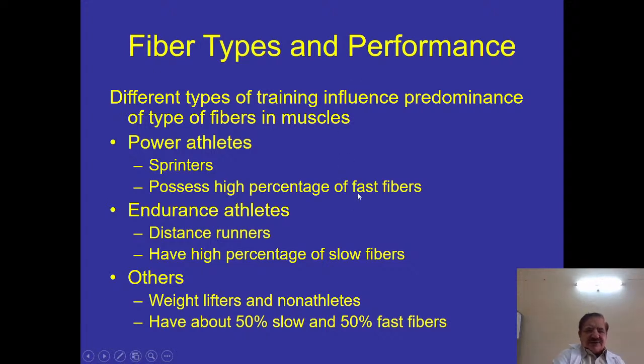In that way, these types of fibers are mostly useful for short distances. For longer distances, if they exhaust their ATP, they need slow fibers, which fatigue slowly. So they should have both types of fibers, fast and slow.